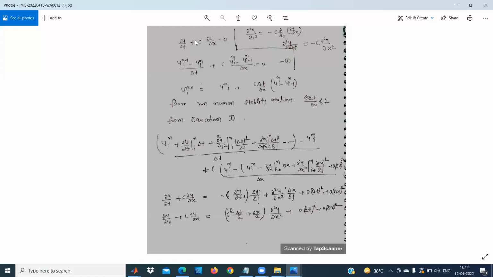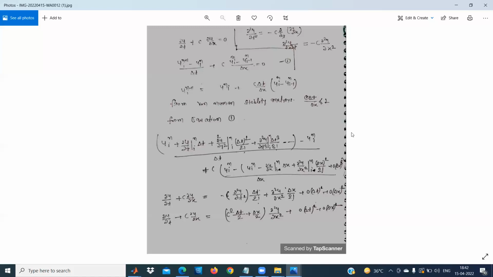So the amplitude of the wave will decrease with respect to time, because the diffusion term is present in the equation. Because of the diffusion term, the amplitude of the wave will decrease with respect to time and space.